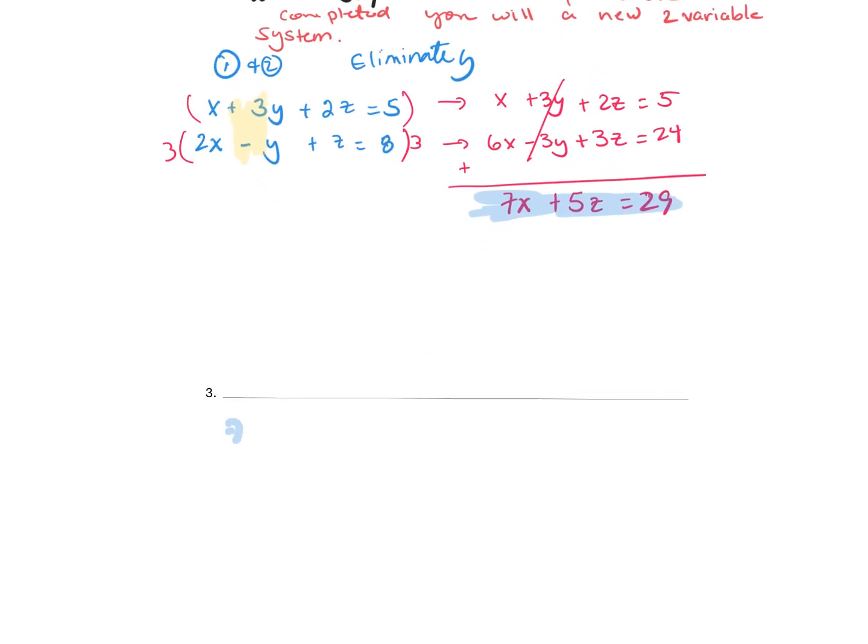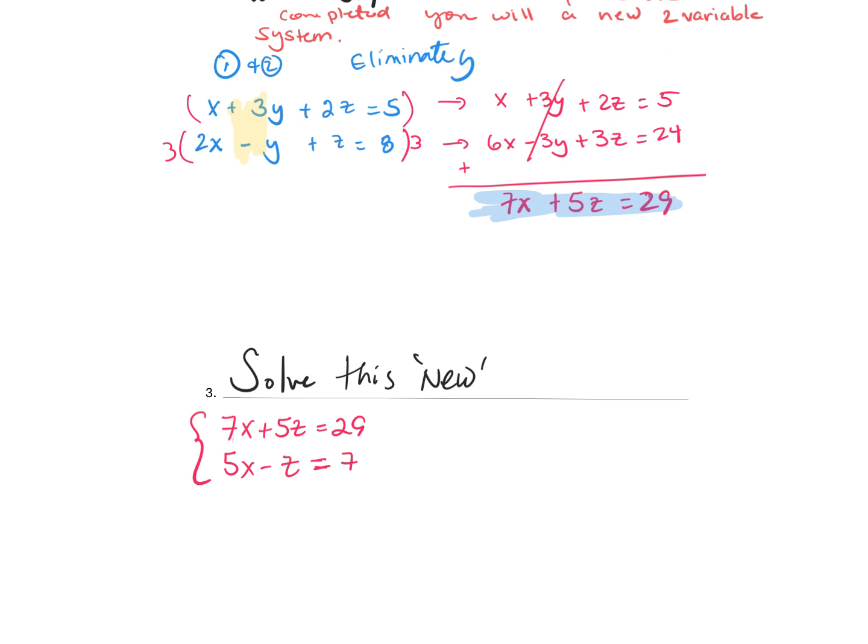Doesn't matter which one goes first. 7x plus 5z equals 29. My other one was from above, 5x minus z equals 7, from step number 1. So there's my new system. Now that you have the new system, what you're going to do is solve this new 2-variable system for both variables.